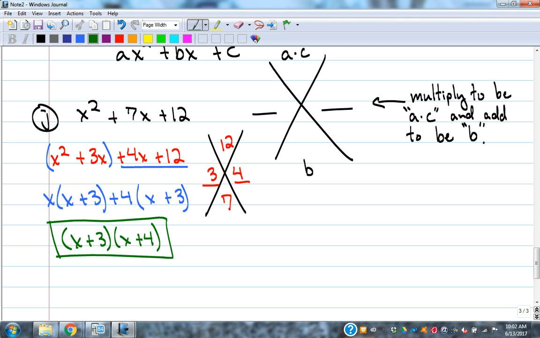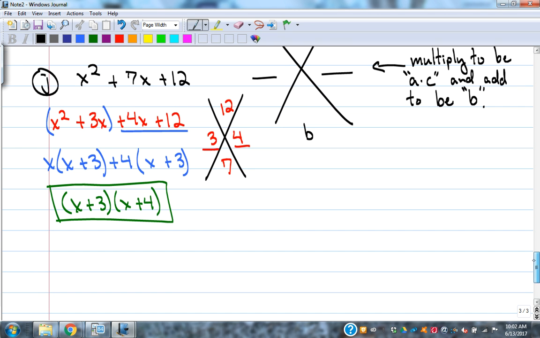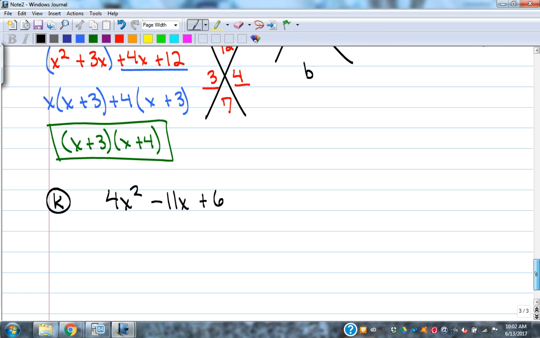Really works better on a problem like this, example K, where we have 4x squared minus 11x plus 6. This is a really good one for the X method to work on, okay? So here we've got a 3-termed polynomial. Is it in descending order?